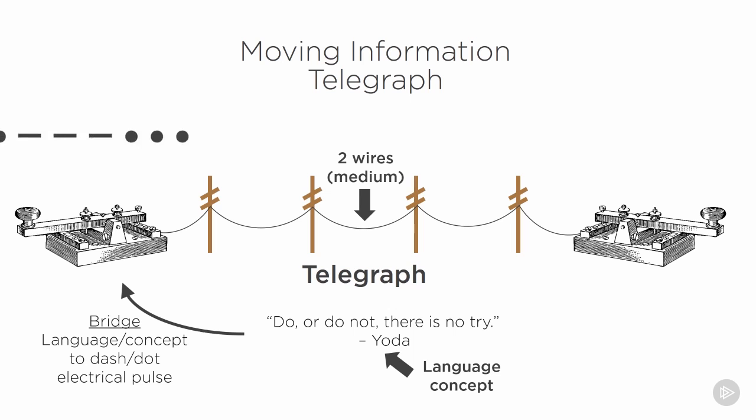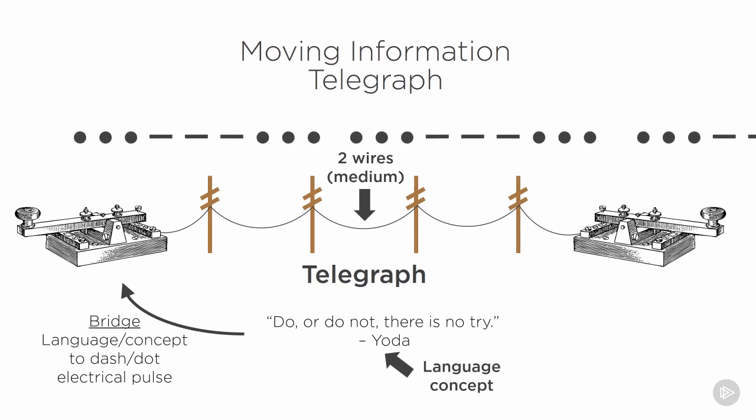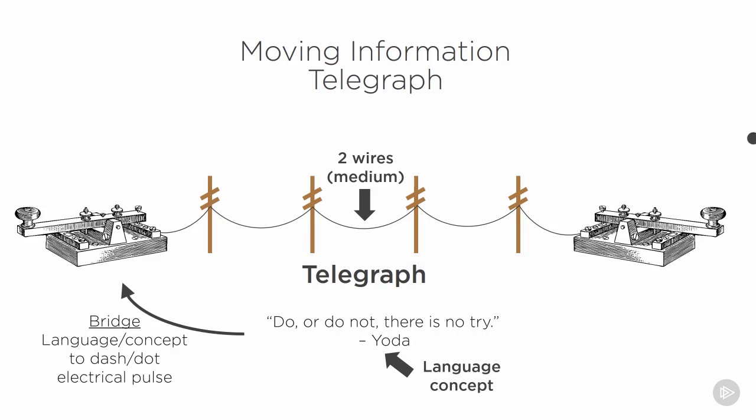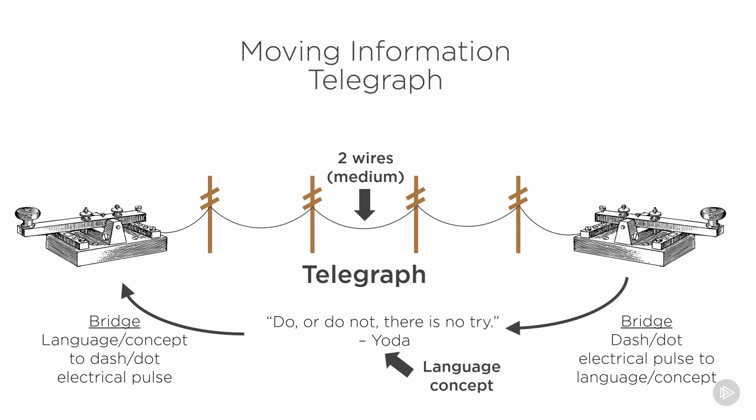Once they're converted into dashes and dots, we can send that information over these two wires to the other machine. The other machine, the lever will go up and down, which means that the telegraph operator at the other end can convert it back from dashes and dots into the language and concept of "do or do not, there is no try," and communicate it with Luke Skywalker.